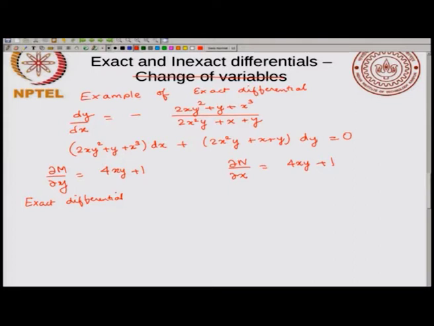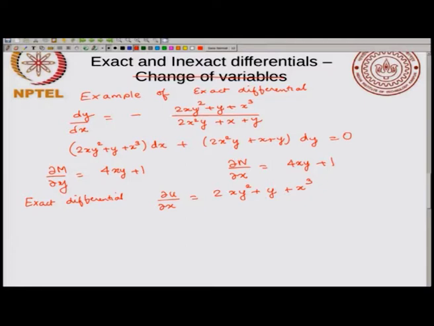Now, how do you solve this exact differential equation? You know that this quantity is nothing but ∂u/∂x. So, you say that ∂u/∂x is equal to 2xy² plus y plus x³. You can use either ∂u/∂x or ∂u/∂y.